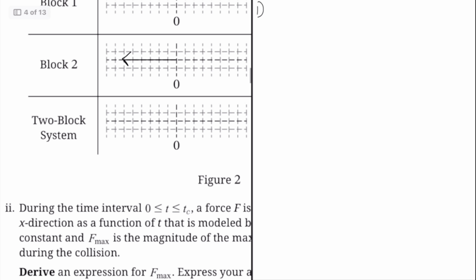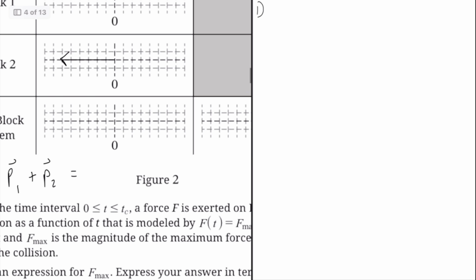Now, the momentum of the two-block system is P block 1 plus P block 2, which is equal to negative 6 m v naught plus 2 m v naught, equals negative 4 m v naught. And that is 4 boxes. There we go.